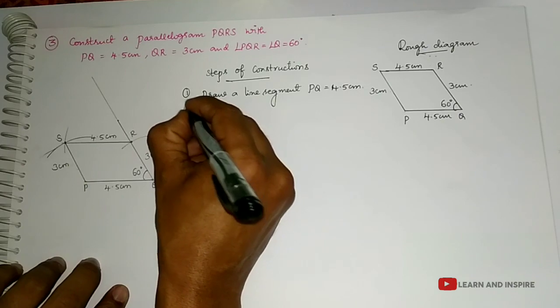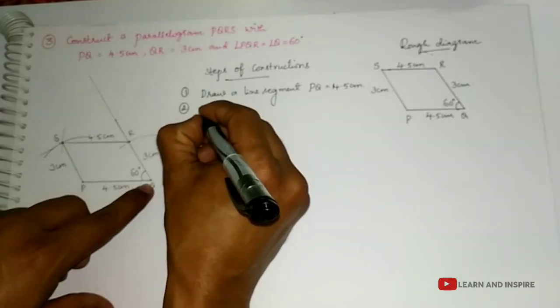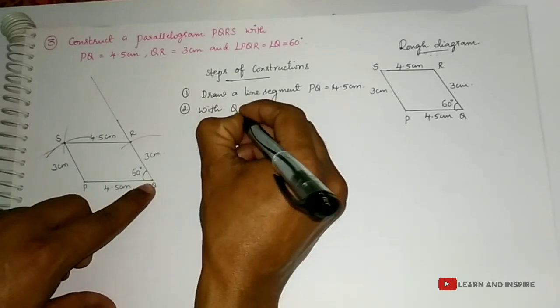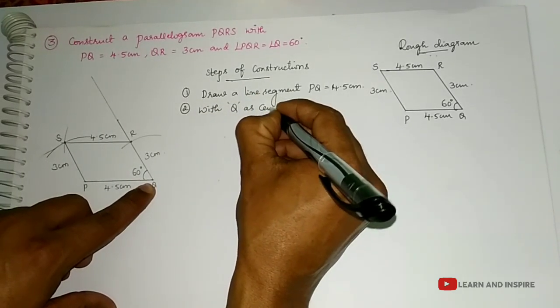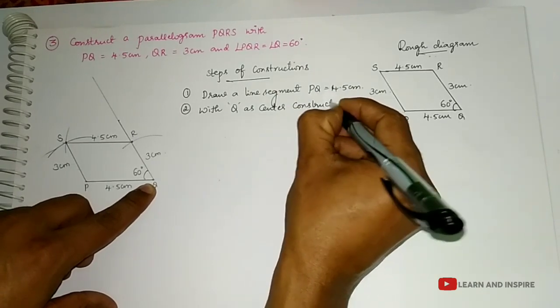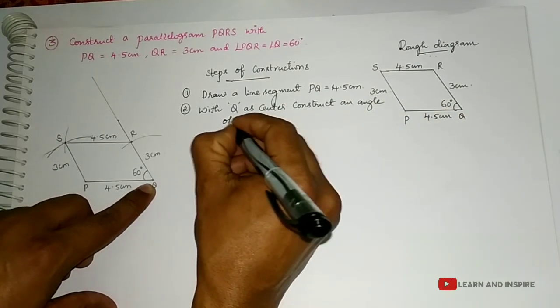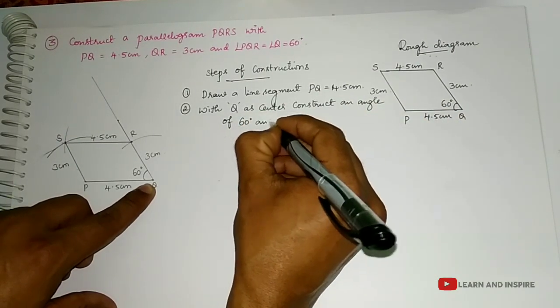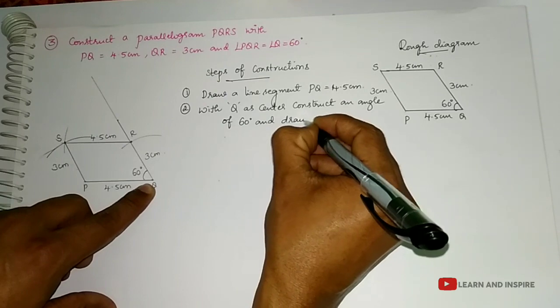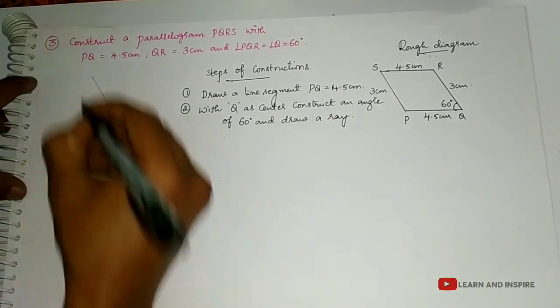Step 2: we have constructed an angle of 60 degrees with Q as center. Construct an angle of 60 degrees and draw a ray.